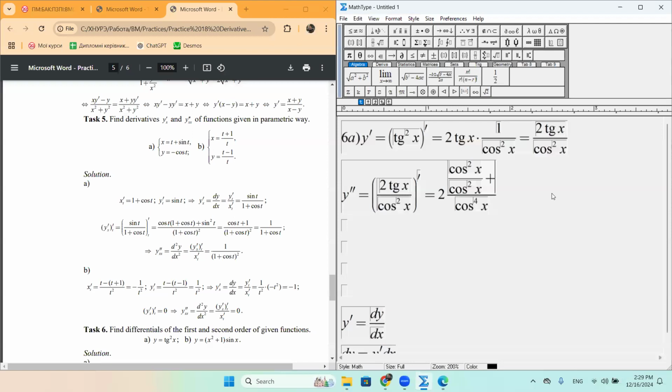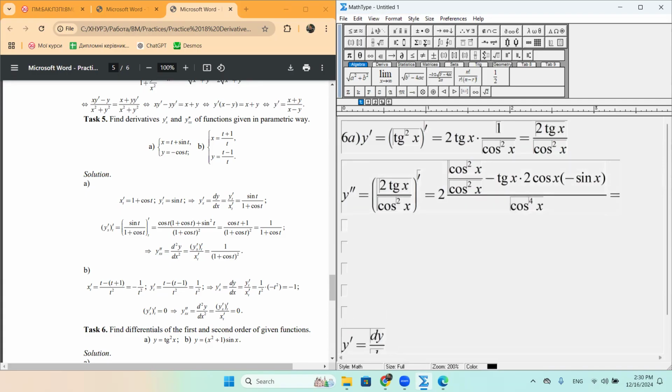Plus tangents of x. Stop. Minus tangents of x multiplied by the derivative of this function. Minus tangents of x multiplied by 2 cosine of x and minus sine of x.